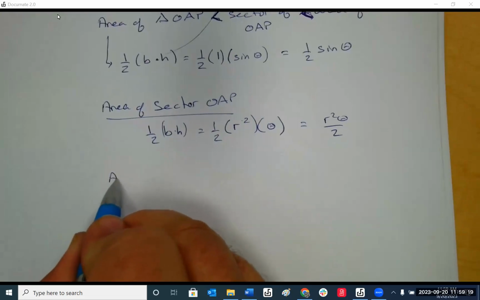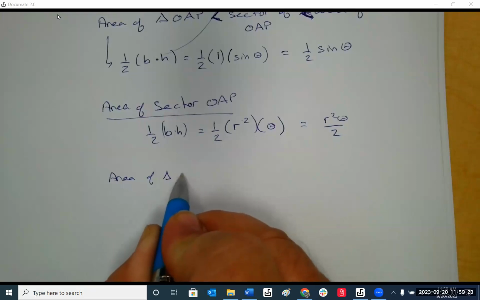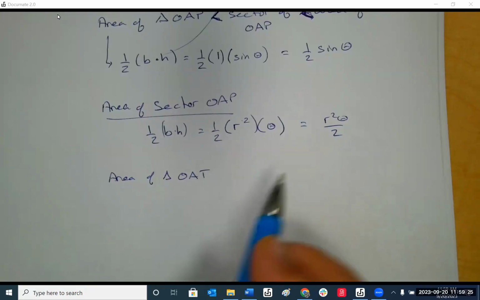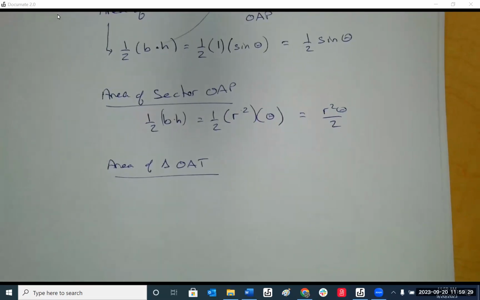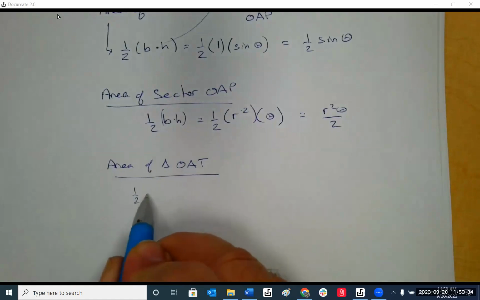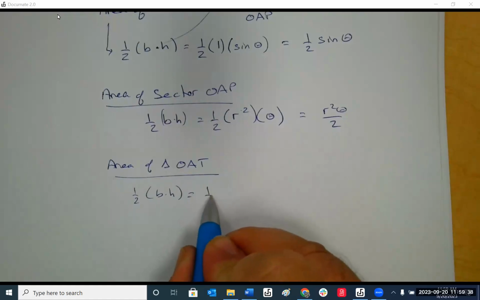And the last one is the area of OAT. And that one's going to be 1/2 base times height, which is equal to 1/2.